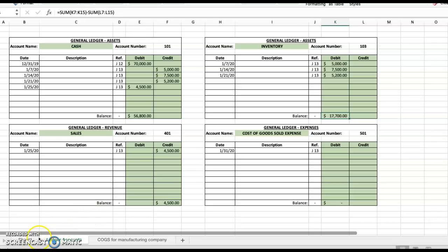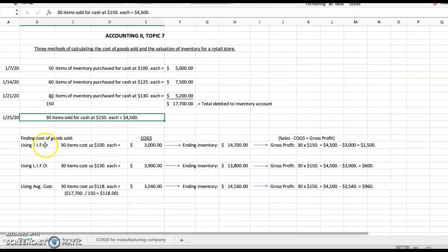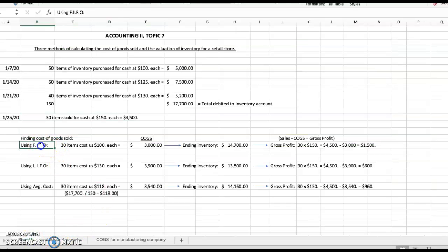We'll look at, first of all, the first in, first out. And as you know, that simply means we will assume, and it's an assumption, that inventory is priced as the cost of our items that were bought first.